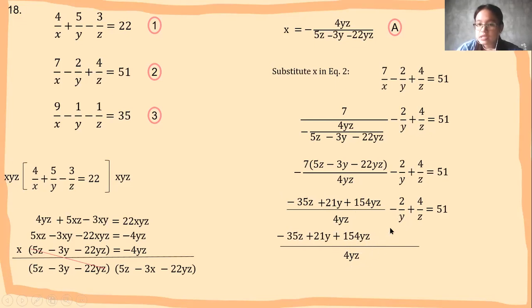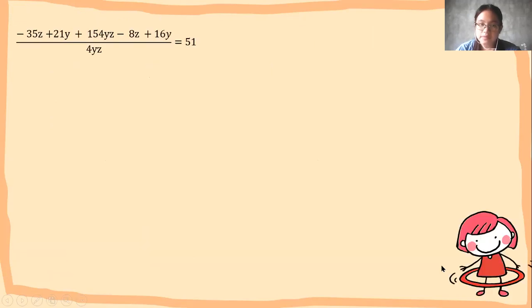Then 4yz divided by y is equal to 4z times negative 2, which is the numerator. We have negative 8z. 4yz divided by z is equal to 4y times positive 4. We have 16y is equal to 51.